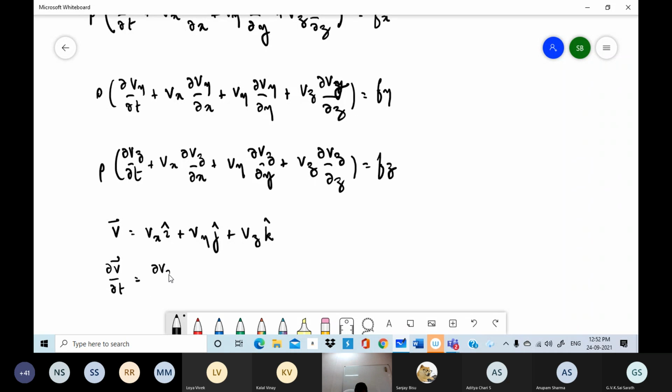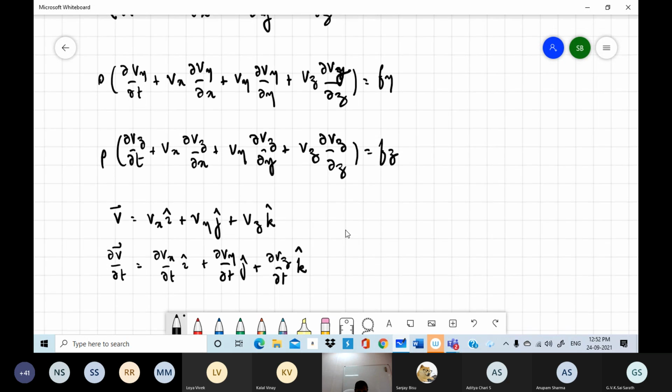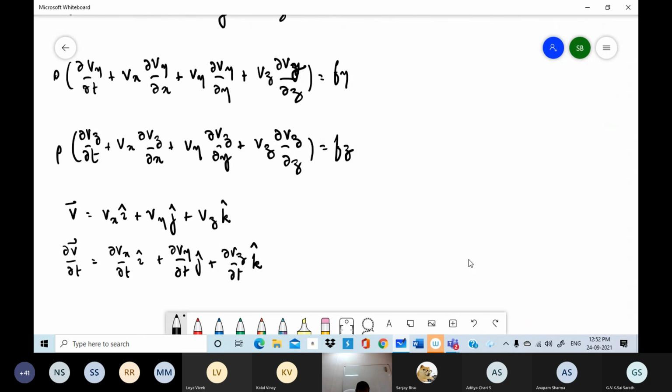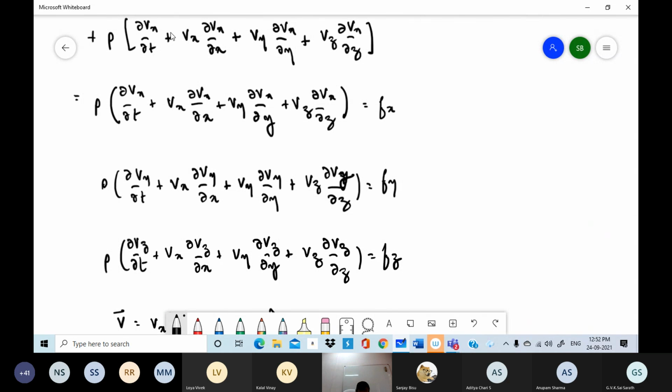So therefore it is only the components which can change with time. So then these are the components which I have here. So this would be like rho del v by del t.